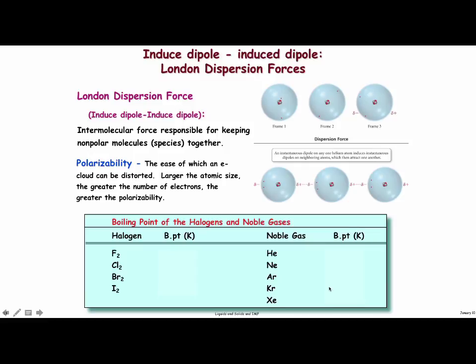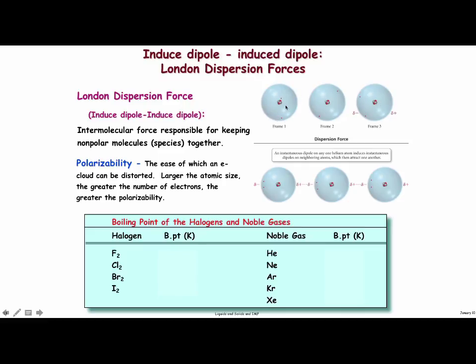Now let's take a look at induced dipole, and let's figure out the mechanism by which this works. Basically, you have a chemical with protons and electrons, and it's sitting in an array or in an aggregate of other chemicals.